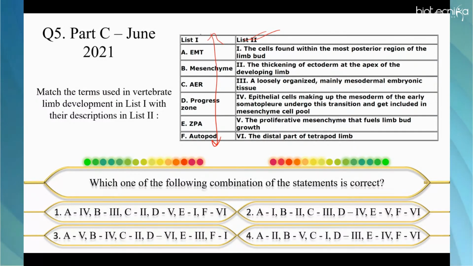Come on, can you do it? So what is AER? At least you will know what is AER, right? Apical ectodermal ridge.